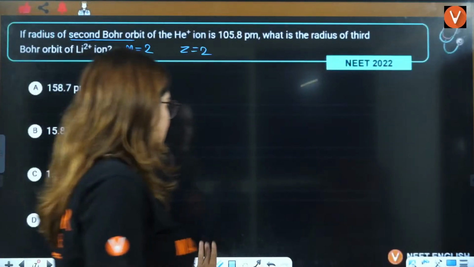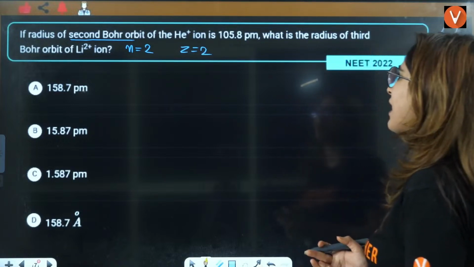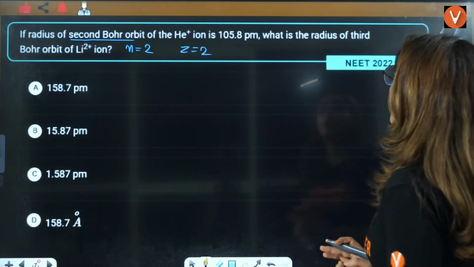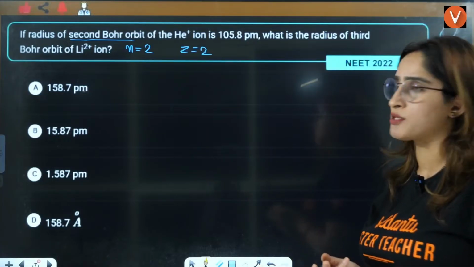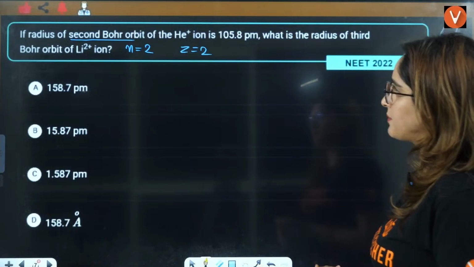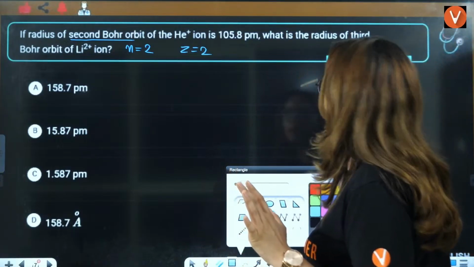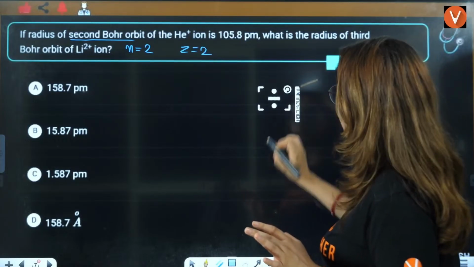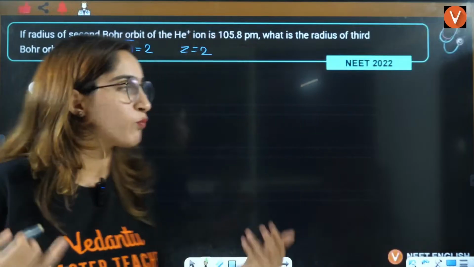Now, if you see this, for Z equals to 2 it is 105.8 picometer. What is the radius of the third orbit of lithium 2 positive with that respect? Okay, so you can solve it in two ways. Either you can directly write here, what is the radius?